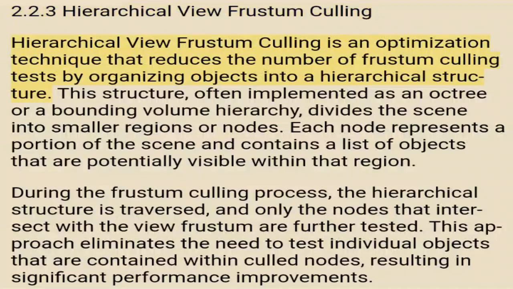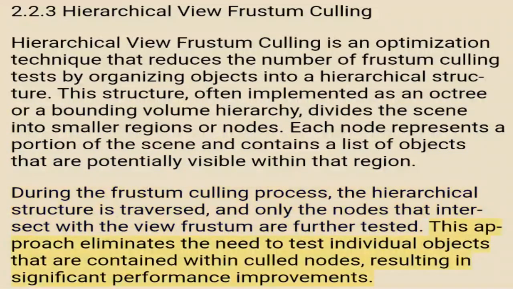2.2.3 Hierarchical view frustum culling. Hierarchical view frustum culling is an optimization technique that reduces the number of frustum culling tests by organizing objects into a hierarchical structure. This structure, often implemented as an octree or a bounding volume hierarchy, divides the scene into smaller regions or nodes. Each node represents a portion of the scene and contains a list of objects that are potentially visible within that region. During the frustum culling process, the hierarchical structure is traversed, and only the nodes that intersect with the view frustum are further tested.